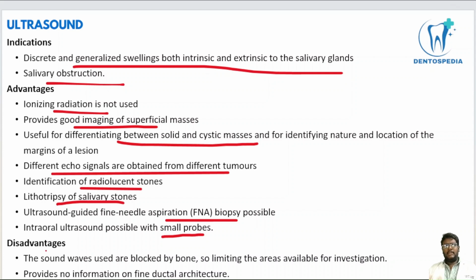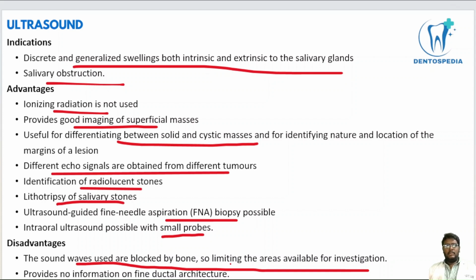And coming to the disadvantages, the sound waves are blocked by bone, so the areas will be limited. The bones are an obstruction to the acoustic waves. That's why we can't use ultrasound much for diagnosis of certain tumors.